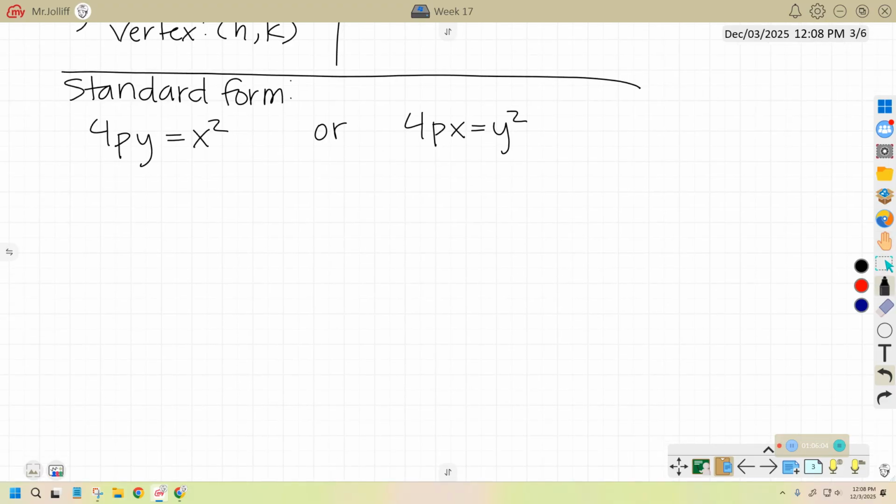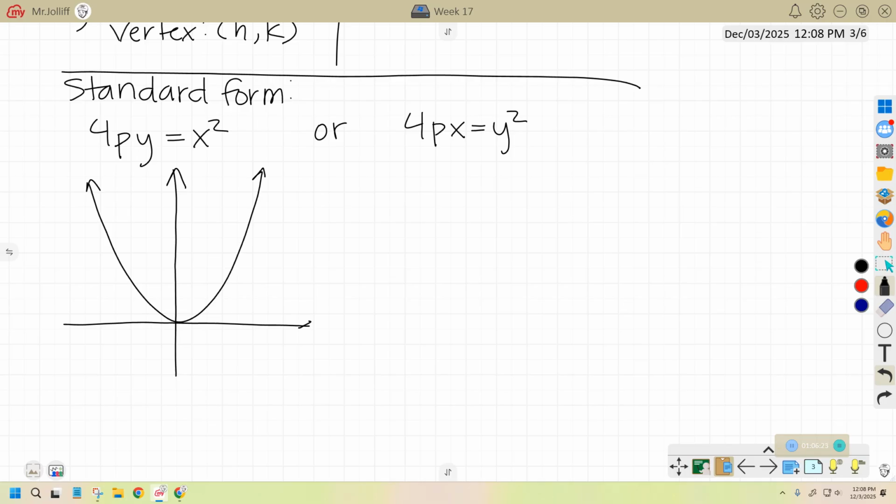So I'm going to draw a picture of a parabola for each of those, and we're going to look at what that p is showing us about the parabola. And I'm going to ask that you be patient with my absolutely horrible drawing. That's not so bad.